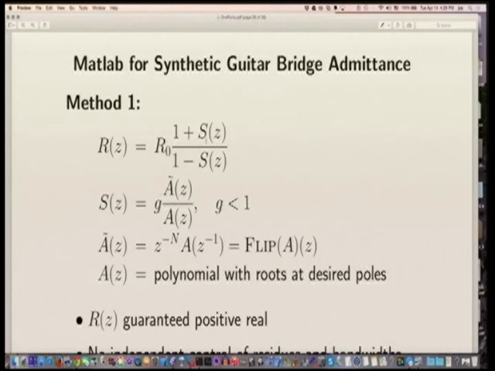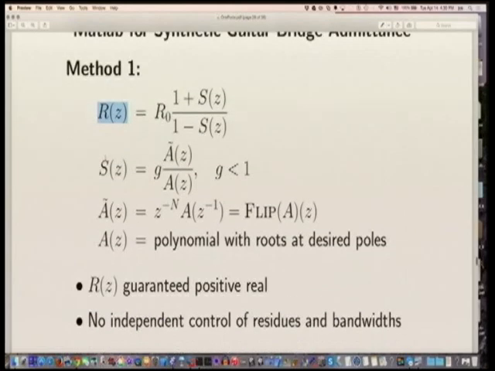And in the lossless case that we're talking about now, it's just an all-pass filter. So S of Z is just any all-pass filter, and so we'll pick an all-pass filter with resonances in the right place. And we can then go through this formula and get a guaranteed positive real impedance, bridge impedance.